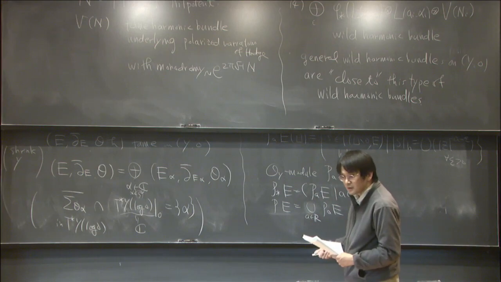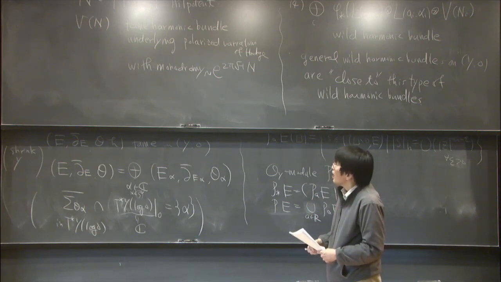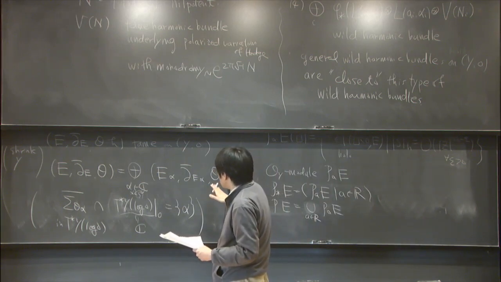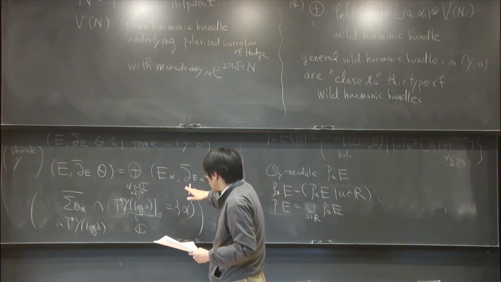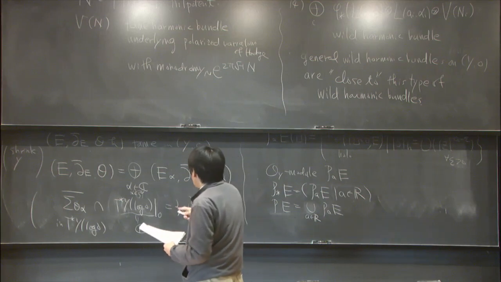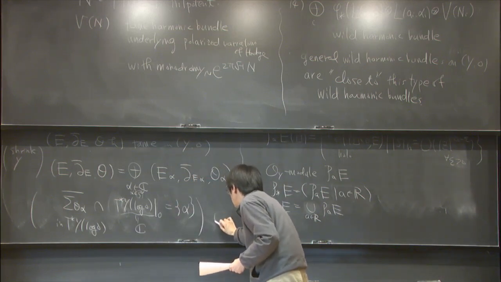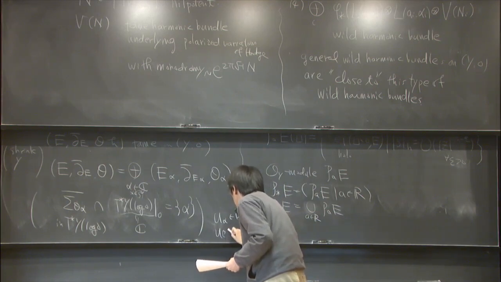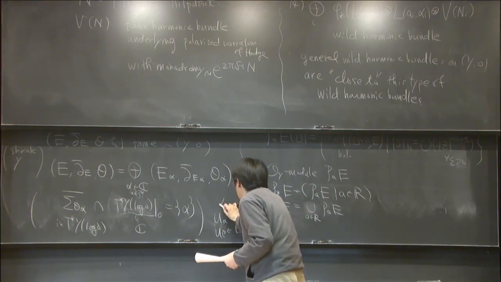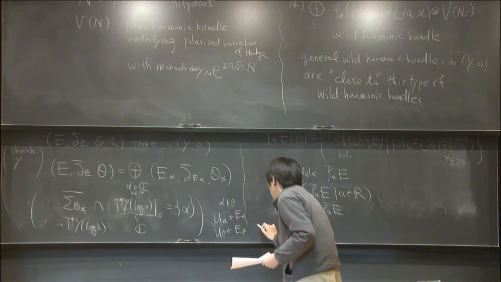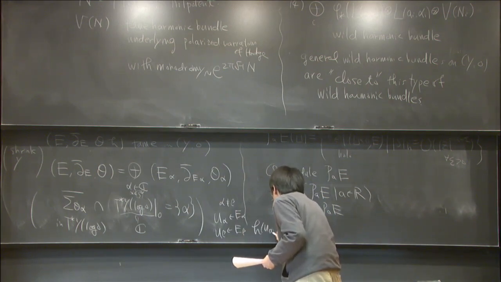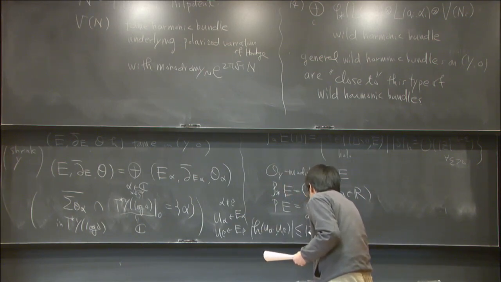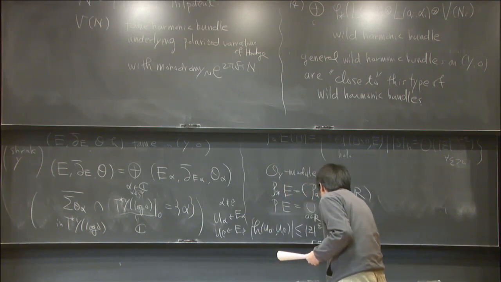But is this decomposition almost orthogonal? Yeah, we have some estimate. If we take sections u alpha of E alpha and u beta of E beta, with alpha not equal to beta, then the metric product is dominated by epsilon.